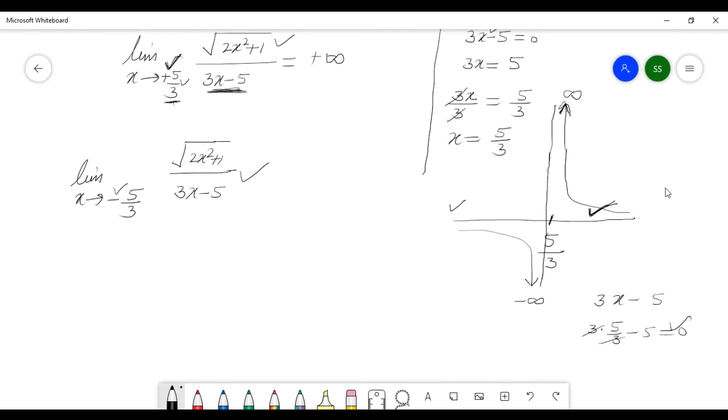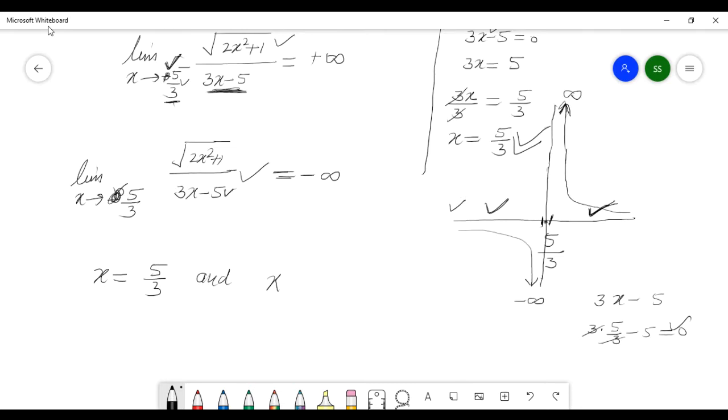And for a number smaller than 5 by 3, the function goes to negative infinity. I'm sorry, I made a mistake earlier.